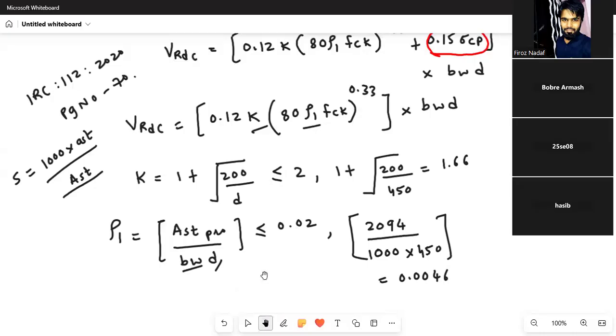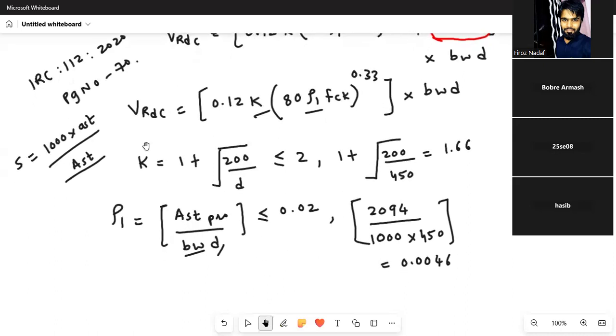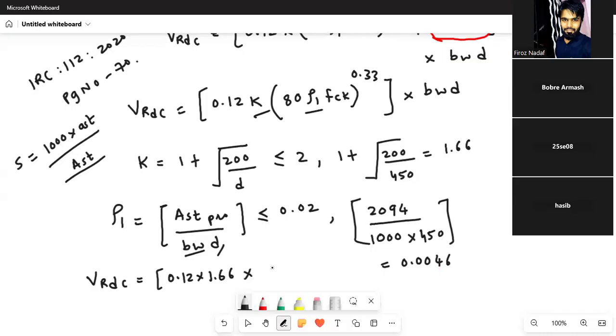We will use this VRDC formula because we have gotten all the terms in the formula. VRDC is the ultimate shear strength for the deck slab. VRDC equal to 0.12 into k, which is 1.66, into bracket 80 into rho 1.